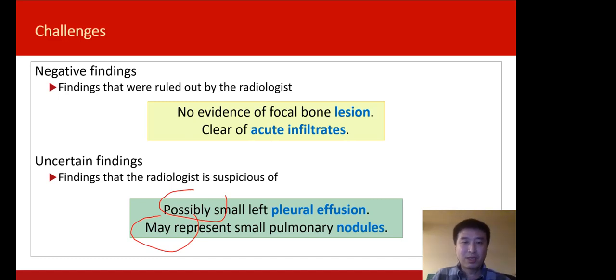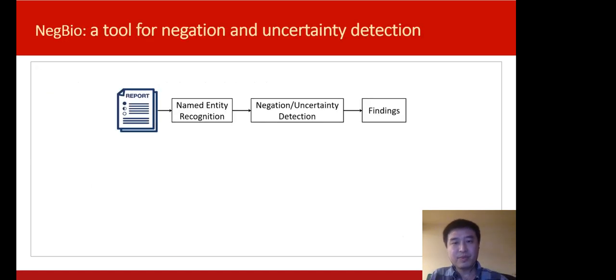Those are examples of uncertain findings that we observed in the radiology reports. Therefore, the natural language processing task here is to differentiate the positive findings from the negative findings and uncertain findings.